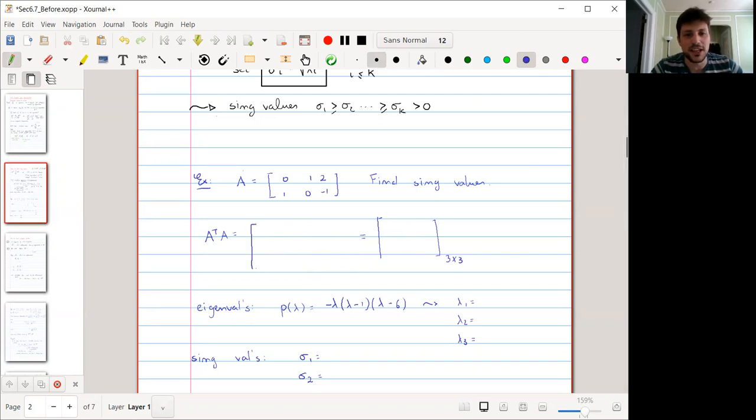But the transpose of A is this matrix: 0, 1, 2, 1, 0, minus 1, times A, which is 0, 1, 2, 1, 0, minus 1.